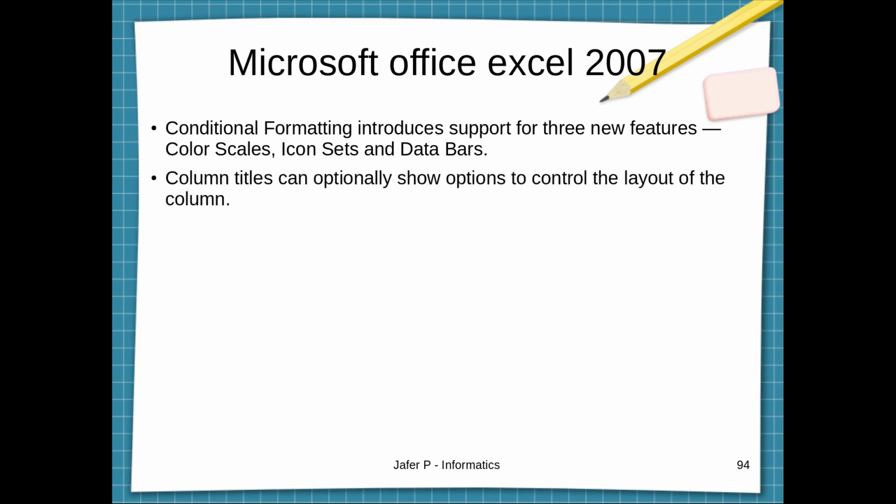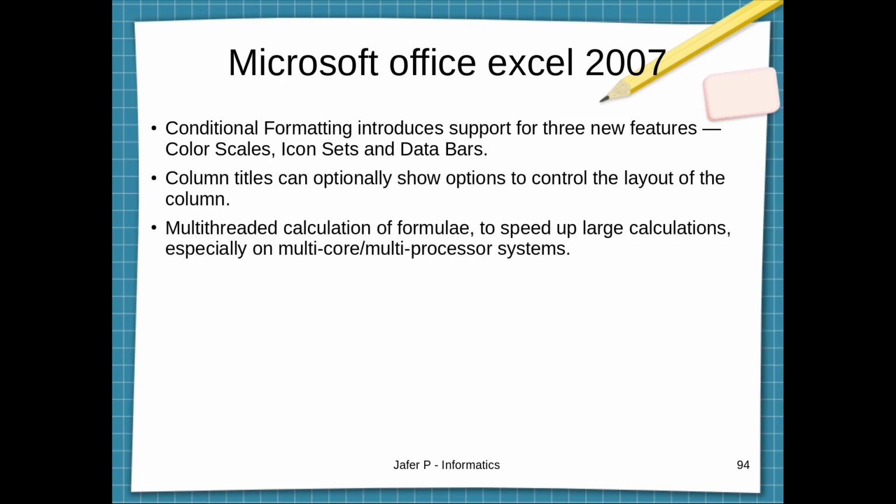Column titles can optionally show options to control the layout of the column. Okay, if you want to control the layout of a particular column, I have shown you in the previous slide. There are columns A, B, C, D, etc. Right. So column titles can optionally show options to control the layout of the column. You can control the layout of a particular column.